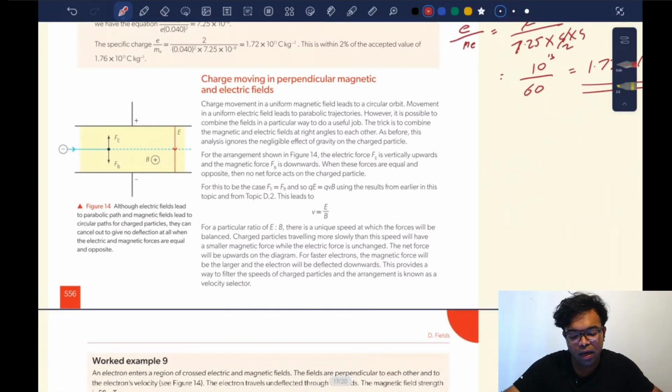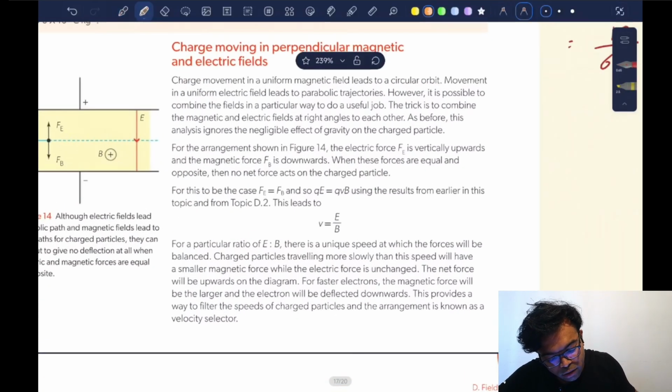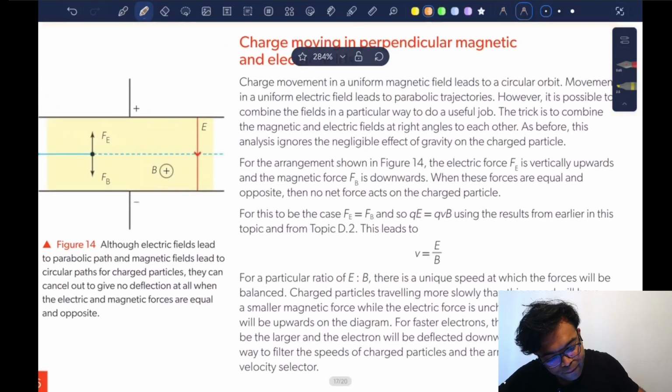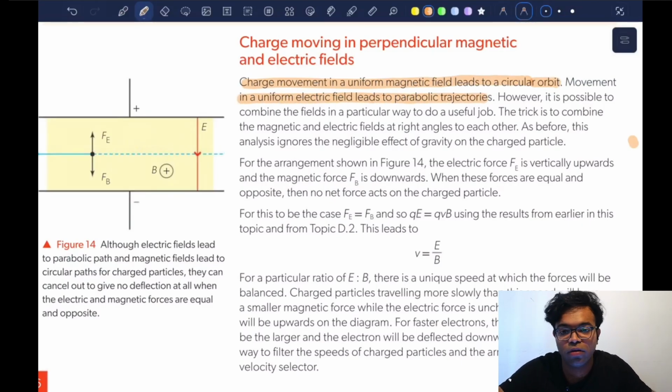charge moving in a perpendicular magnetic and electric field. Now what is going to happen? Charge moving in a uniform magnetic field leads to a circular orbit. Movement in a uniform electric field leads to a parabolic trajectory. We know this, right? s is directly proportional to x square.